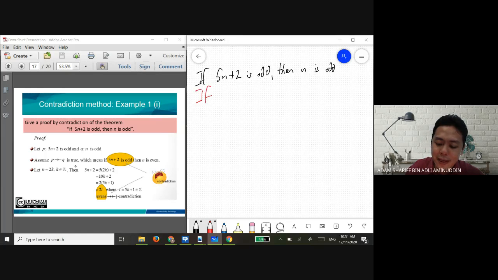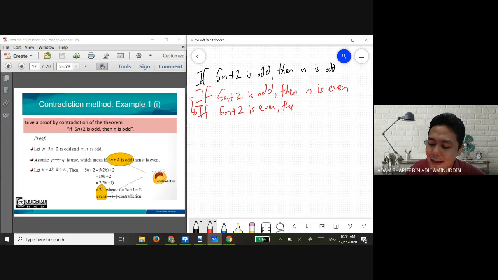He believes that if 5n plus 2 is odd, then n is even. Ataupun, dia cakap sebenarnya if 5n plus 2 is even, then n is odd. Likewise, dia try to negate any of the P or Q there. Dia try to negate one of it.